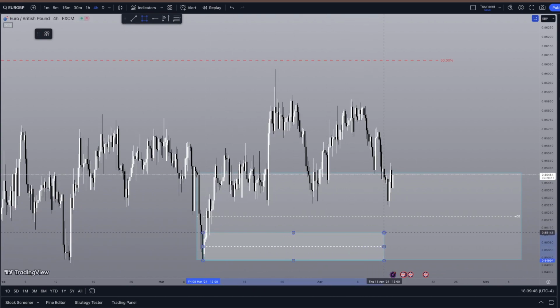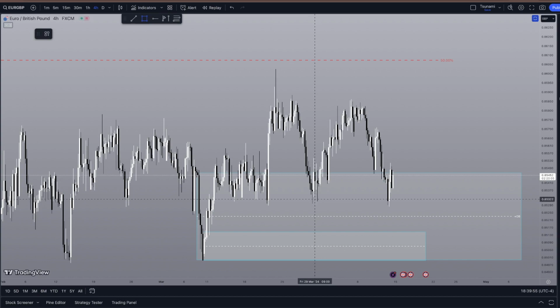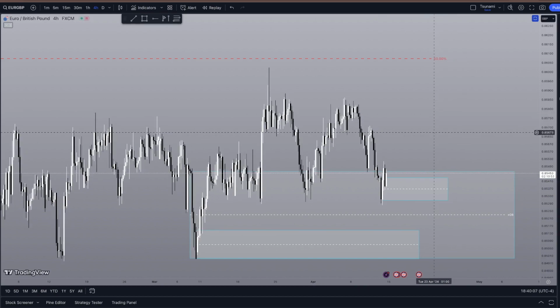So we haven't been back to this block right here. We also swept that, so we have a new order block right here. And then you want to see what it does with this order block. The market is moving, so we want to see what it does with this very order block here, and take it from there.